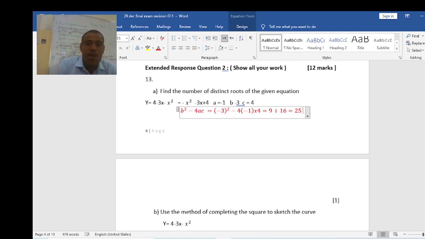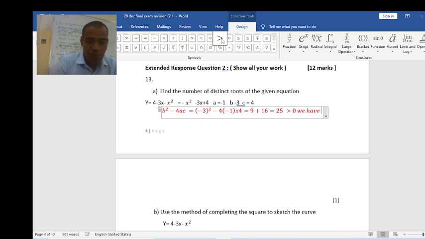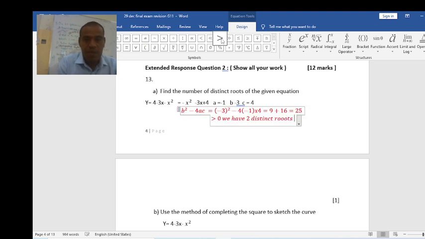So now you can see this is more than 0. The value of the discriminant is more than 0. So it means we have two distinct roots. Clear? So this is how to state the number of the roots in this quadratic equation.